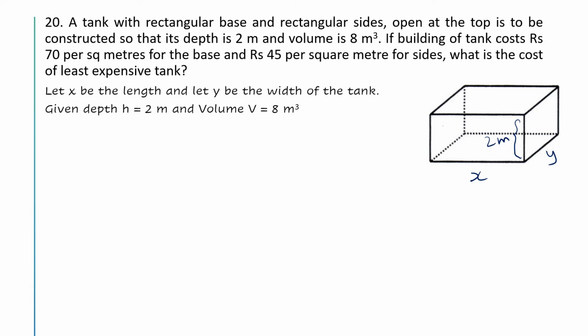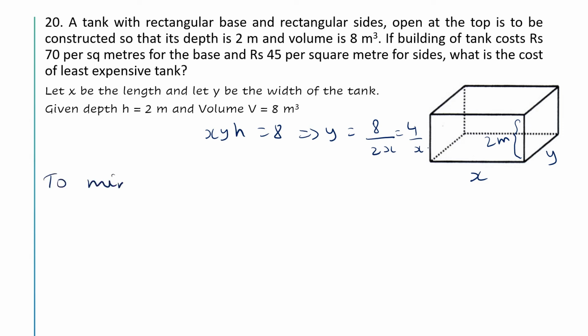So volume we know it is xy into h. Xy into h is equal to 8. H is given as 2. So from this we have y is equal to 8 by 2x or it is equal to 4 by x. Now we have to minimize the total cost.